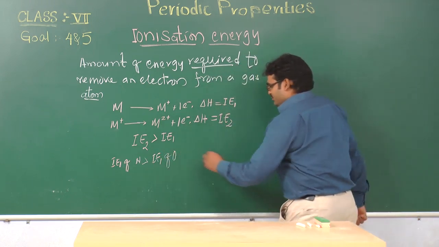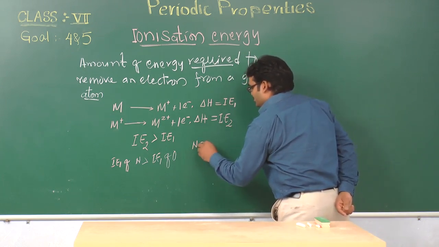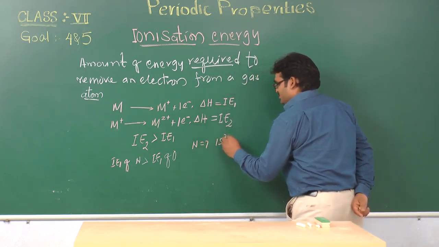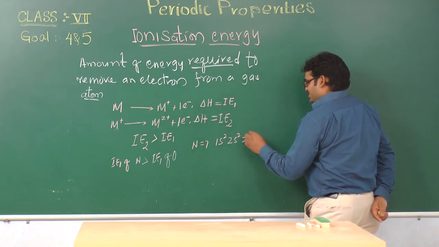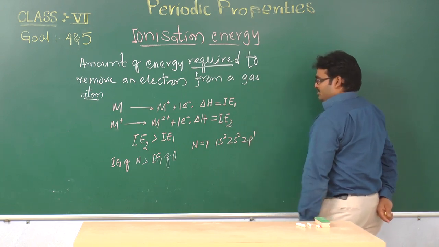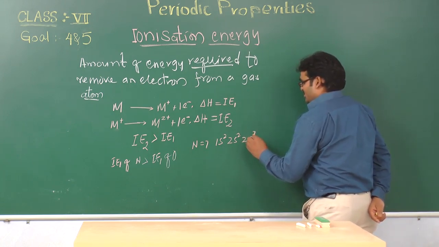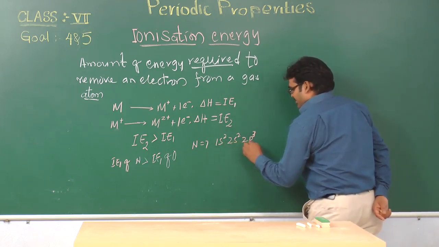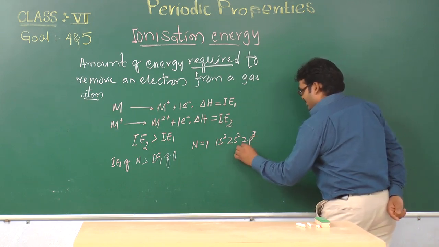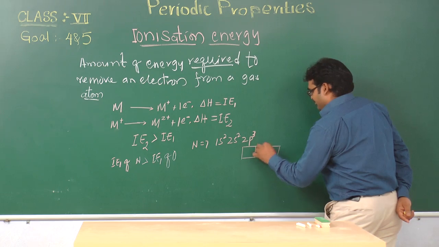If you write for nitrogen, atomic number 7, 1s2, 2s2, 2p3. Here we notice the s orbitals are completely filled and the p orbital is half filled.